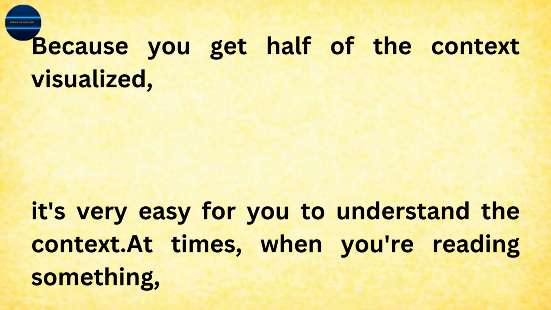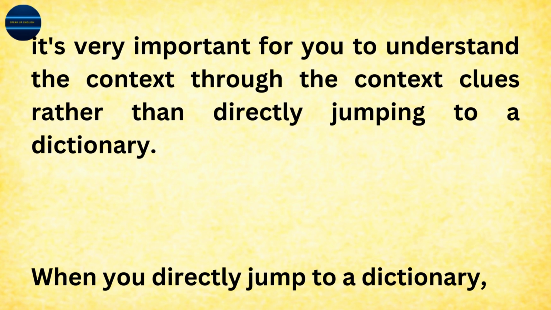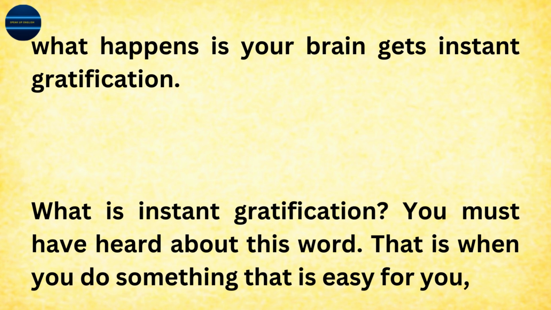At times, when you're reading something, it's very important for you to understand the context through the context clues rather than directly jumping to a dictionary. When you directly jump to a dictionary, what happens is your brain gets instant gratification. What is instant gratification?